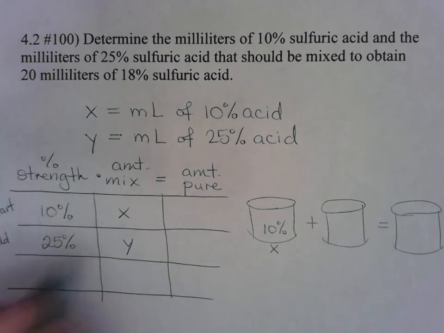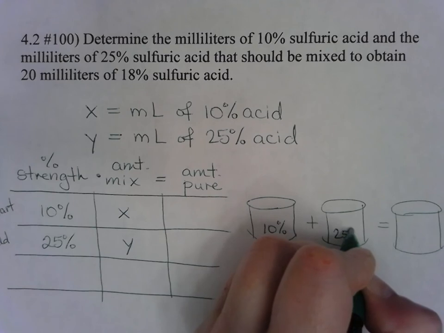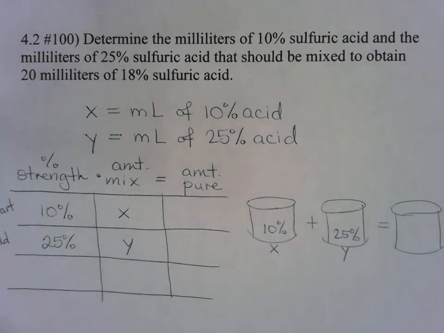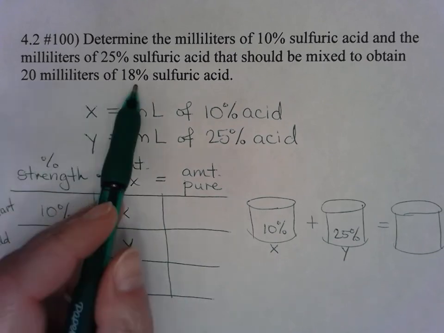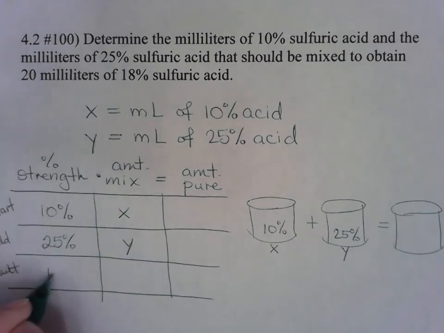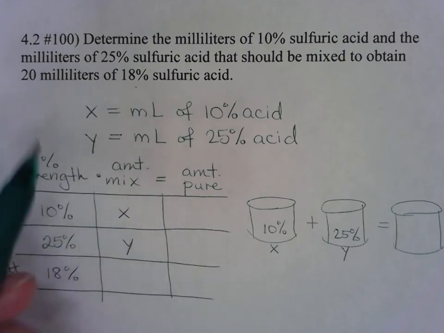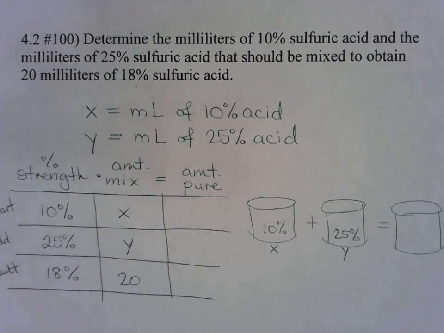We're using y to represent that. And then we are given the results. Remember, if you use this chart, it's very important that the result goes in the last row so that everything's on the correct side of the equation. We are asked to achieve a strength of 18% and 20 milliliters.